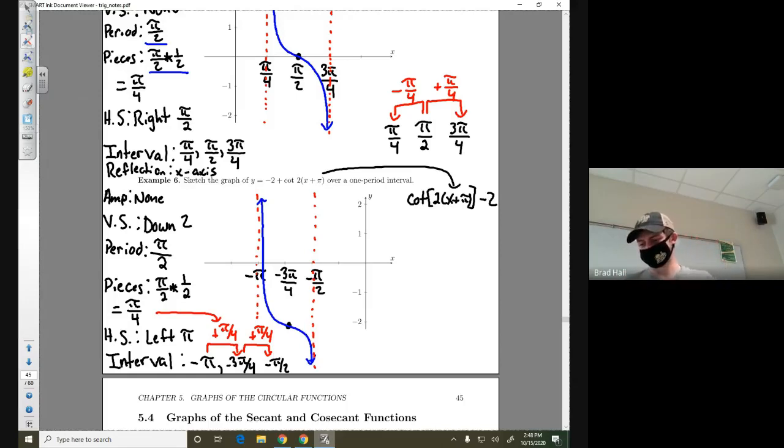It's weird, so when you flip tangent over the x-axis, it almost becomes cotangent in a way. I mean, it's the same shape. Remember, tangent and cotangent are cofunctions, which means if you shift one of them 90 degrees, they will virtually line up. But they're also reciprocal identities.